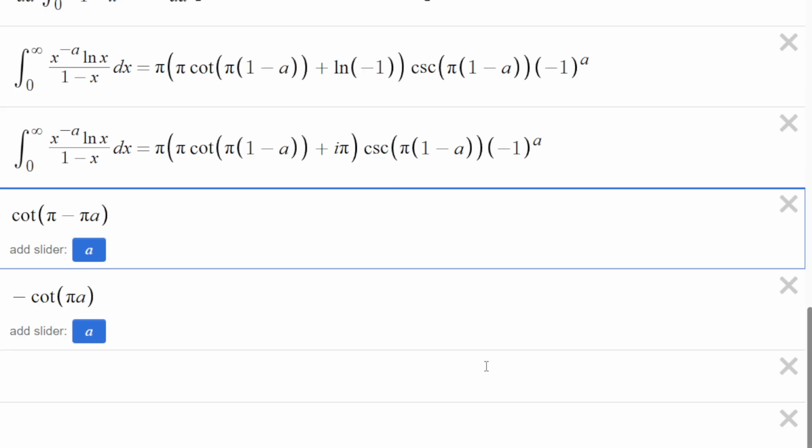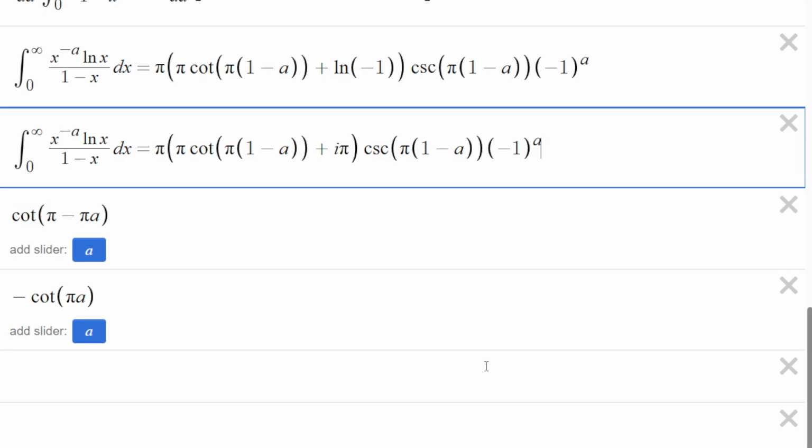So we can replace this cotangent of pi minus pi a, which is just this thing when you distribute the pi, with a negative cotangent pi a. So let's do that. So that's just going to give us a negative cotangent pi a. And we can't forget the negative sign there. All right. Cosecant of pi minus pi a is just cosecant of pi a. So pi a.